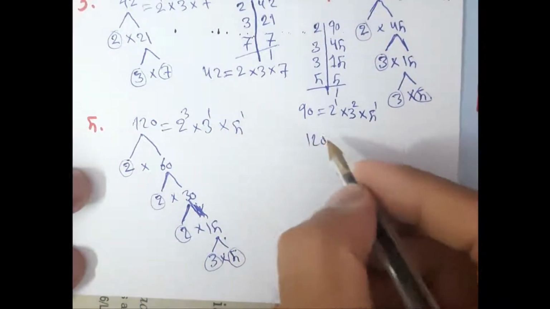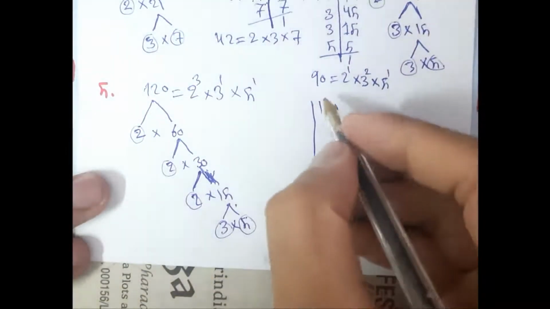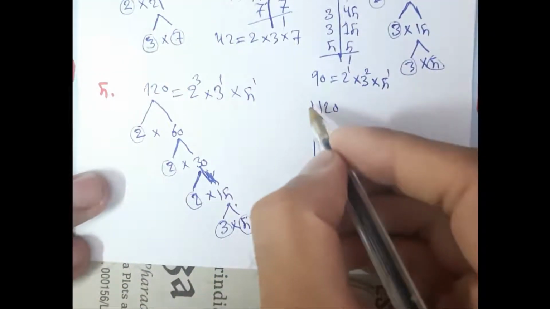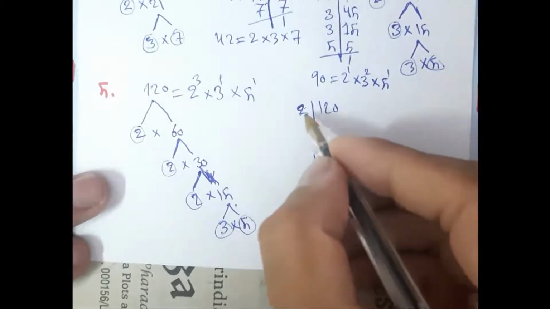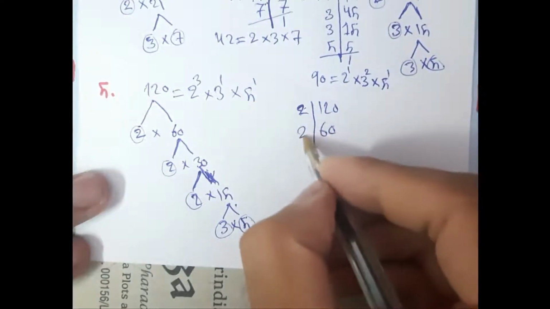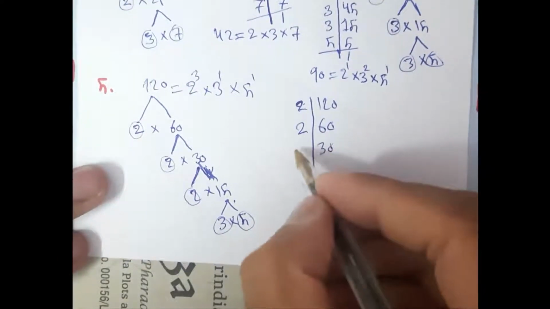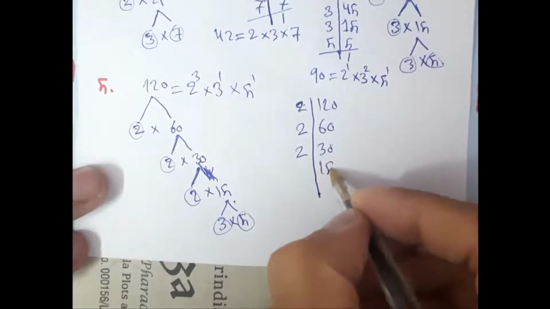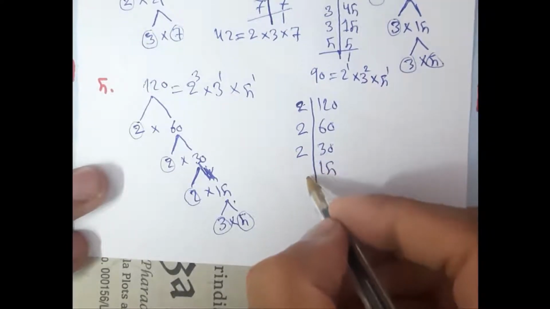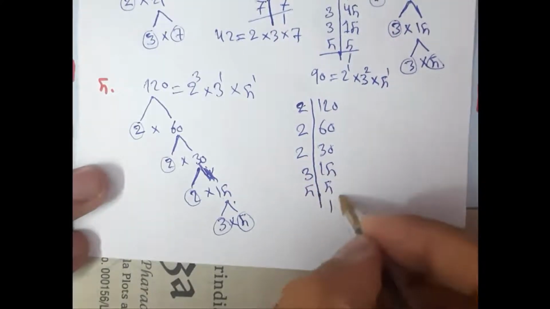Also we can find the prime factors of 120 as follows. 120 divided by 2 is 60, 60 divided by 2 is 30, 30 divided by 2 is 15. 15 cannot be divided by 2 but can be divided by 3, giving 5. 5 divided by 5 is 1.